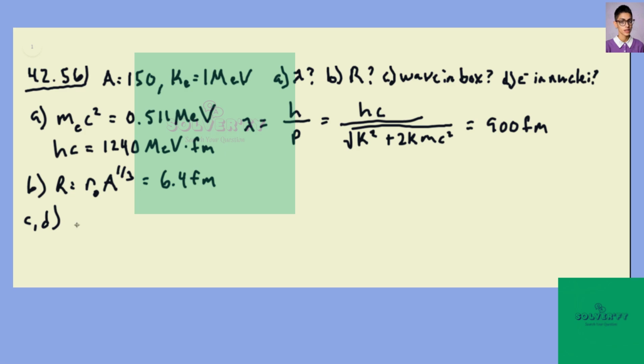we see here that the wavelength of this electron is way longer than this nuclear radius.